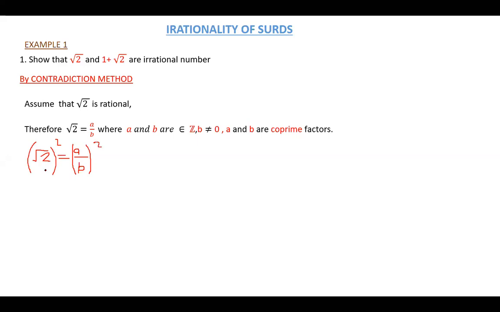So when you square these sides, the square root of 2 squared, you just remain with 2, being equal to, when you square a over b, a squared over b squared. Here it's just a matter of cross multiplying. When we cross multiply, we're going to have 2b squared being equal to a squared.